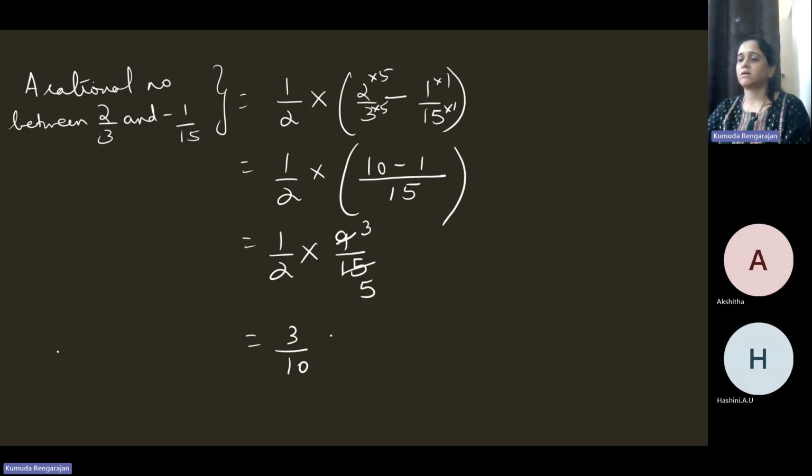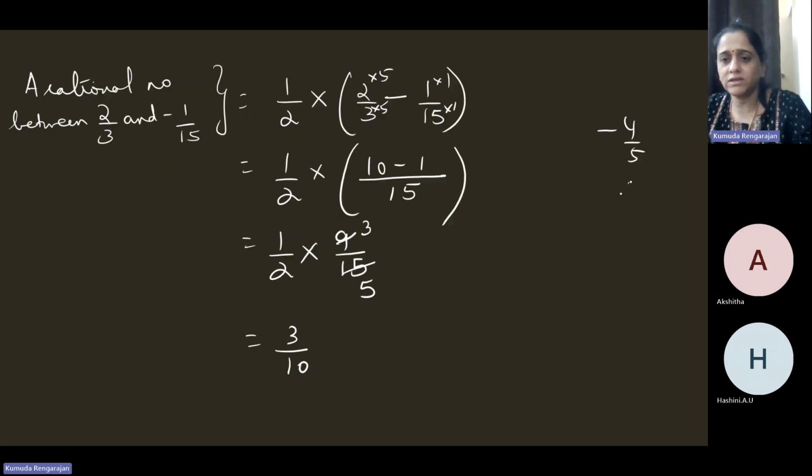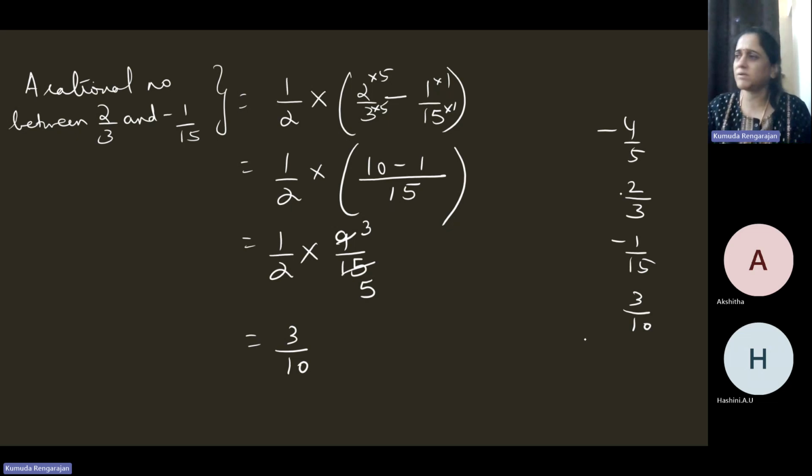Now what are the numbers you have with you? You have minus 4 by 5, 2 by 3, minus 1 by 15 and 3 by 10. Take any 2 numbers now. Minus 1 by 15 and 3 by 10. That's all.